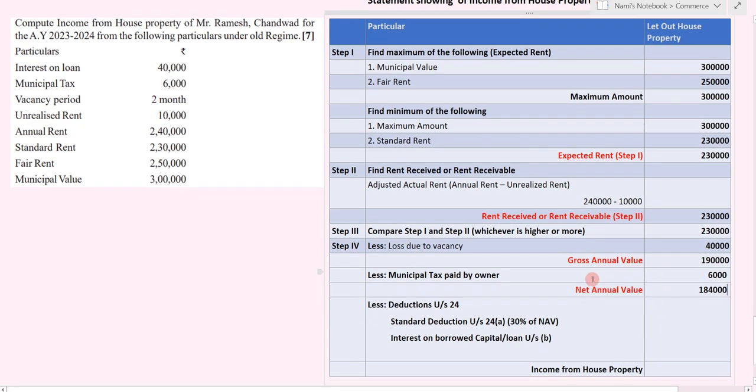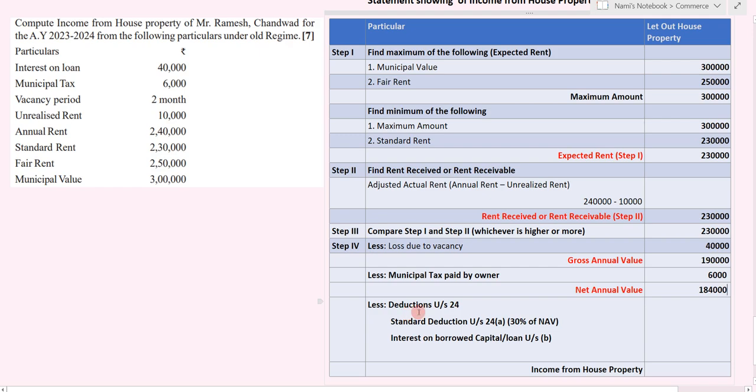So how did we get net annual value? Net annual value is equal to gross annual value minus municipal tax. So total remaining we get 1,84,000. Now from this net annual value we have to do the deductions.